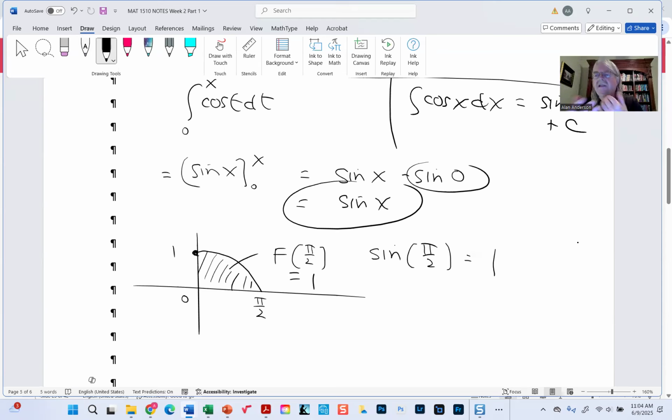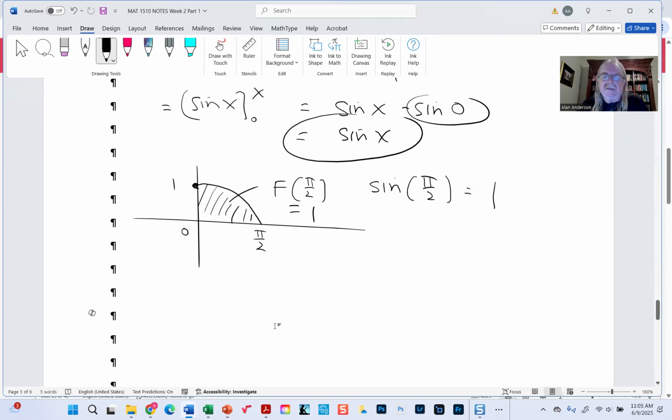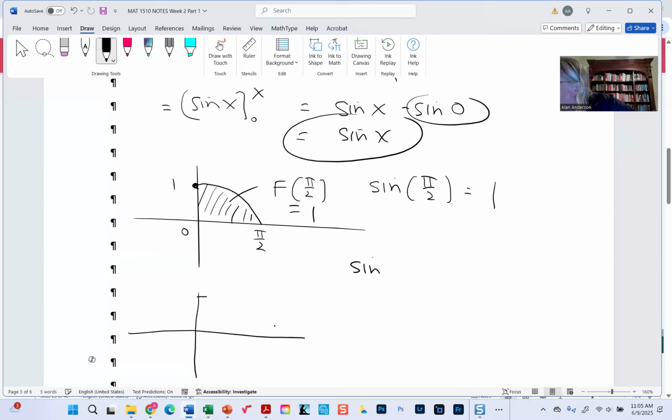So I could now choose any value I want. For example, what if I'm only interested in finding the value of this area under this curve up to pi over 4? All I would need to do is solve with pi over 4, which is sine pi over 4.